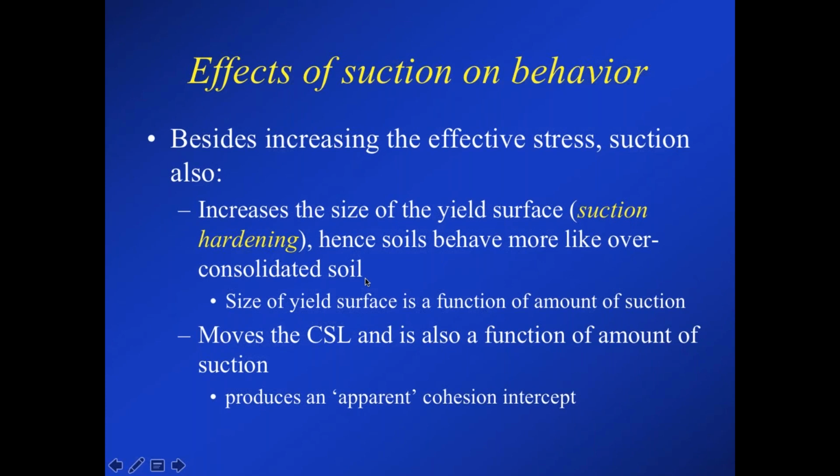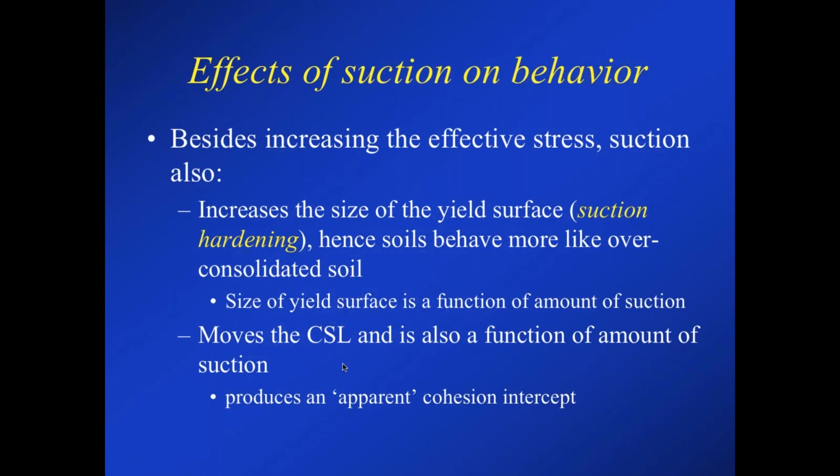We're going to come back to this suction hardening effect a little bit later, because that is potentially more significant than the actual direct effect on effective stresses. Also, the critical state line appears to move as a function of the amount of suction, and the amount it moves appears to be dependent on the type of soil.